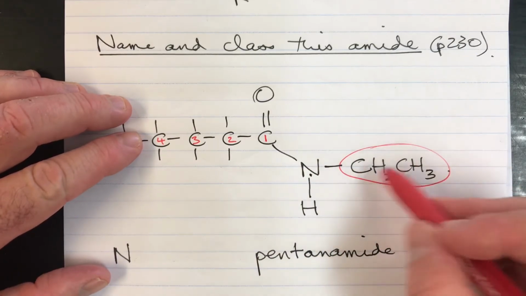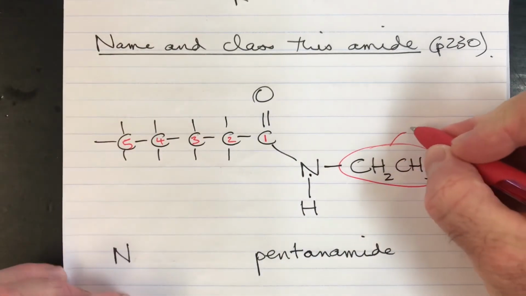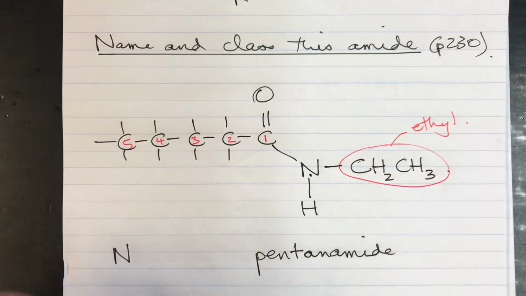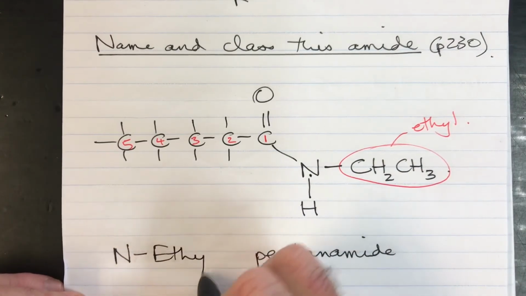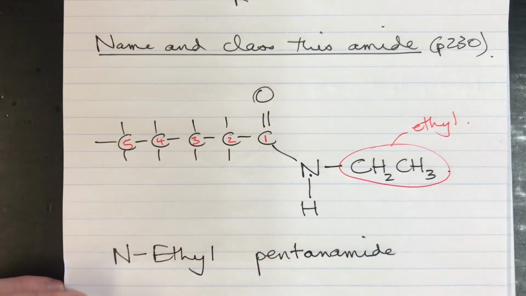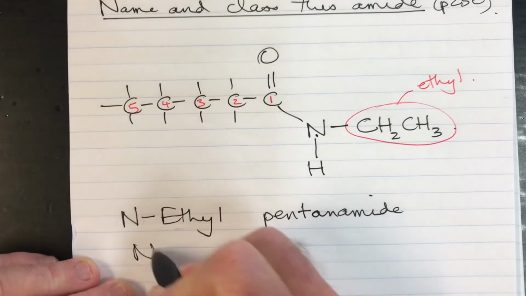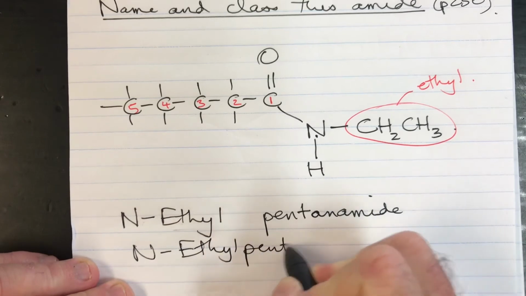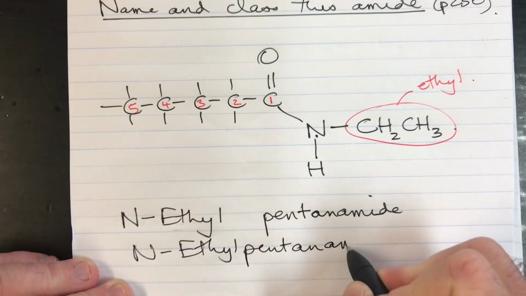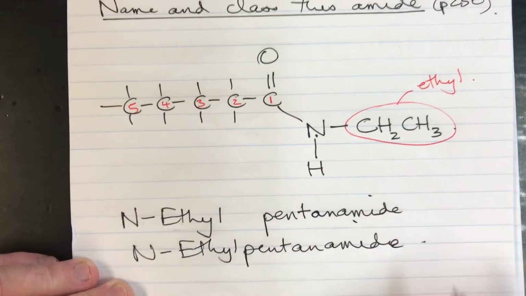This alkyl group, it's got 2 carbons, so it's ethyl. So it'll be N-ethylpentanamide. It's the name of that one.